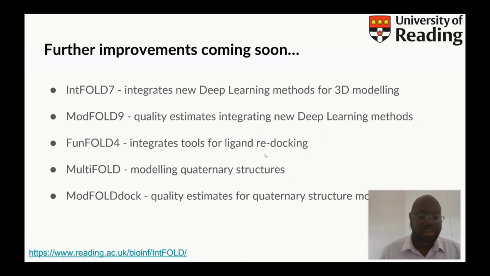These include IntFOLD version 7, which integrates new deep learning methods for modeling tertiary structures; ModelFOLD version 9 for quality estimates, which also integrates several new deep learning methods; and IntFOLD version 4, which integrates tools for ligand redocking, MultiFOLD for modeling quaternary structures, and ModelFOLD-docking for providing quality estimates for quaternary structure models.